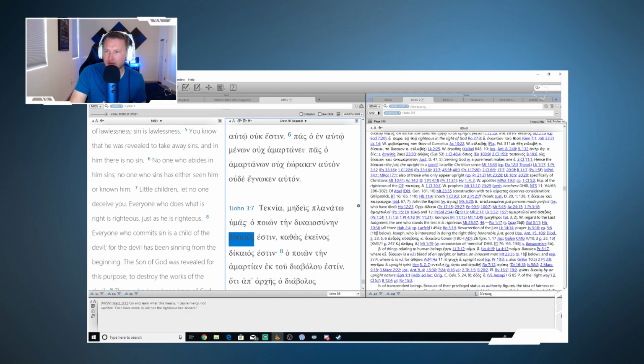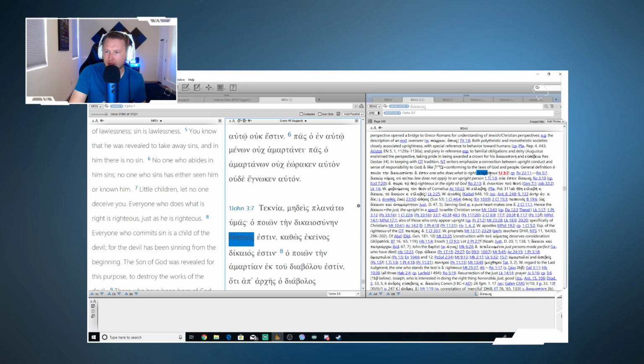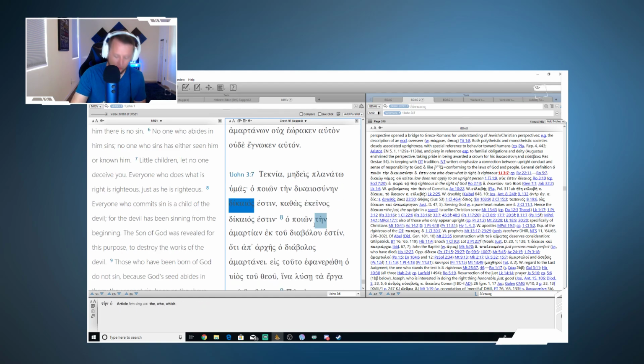Is upright, just, fair, is righteous. One who practices righteousness is righteous. Just as he, that one, is righteous. Semicolon.